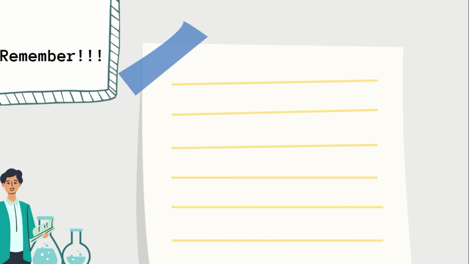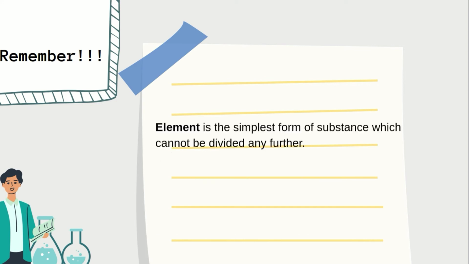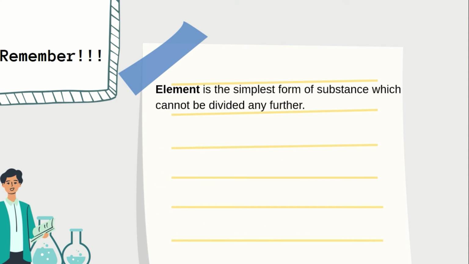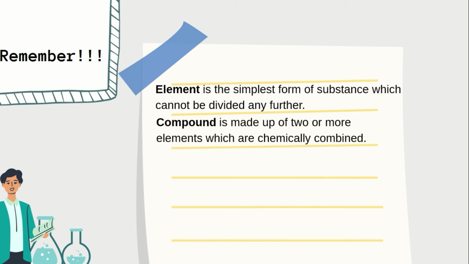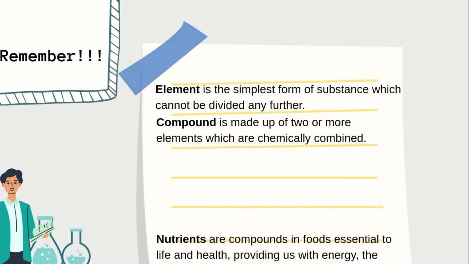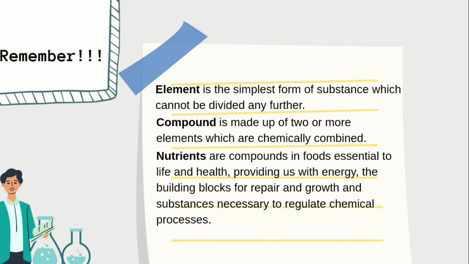Concepts to remember. Element is the simplest form of substance which cannot be divided any further. Compound is made up of 2 or more elements which are chemically combined. Nutrients are compounds in foods, essential to life and health, providing us with energy, the building blocks for repair and growth, and substances necessary to regulate chemical processes.